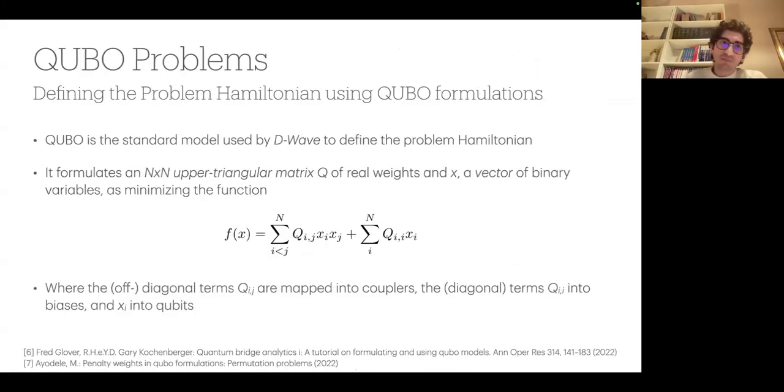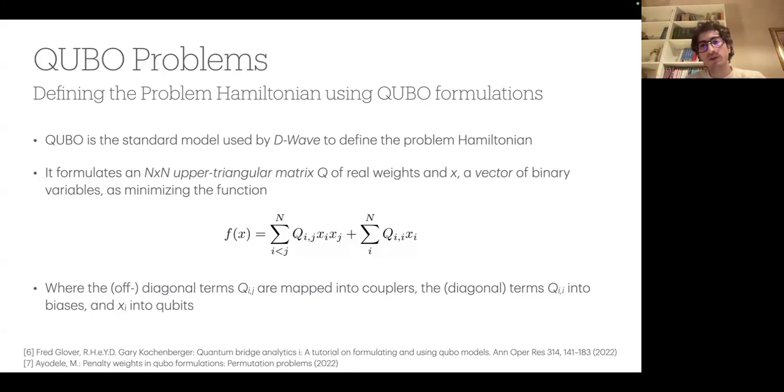Since we decided to use the D-Wave annealers, we also used, as a model to formalize the problem Hamiltonian, the de facto standard for this kind of formalization for D-Wave, that is the QUBO model, which formulates an optimization problem using an n times n upper triangular matrix Q of weights and a vector x of binary variables.